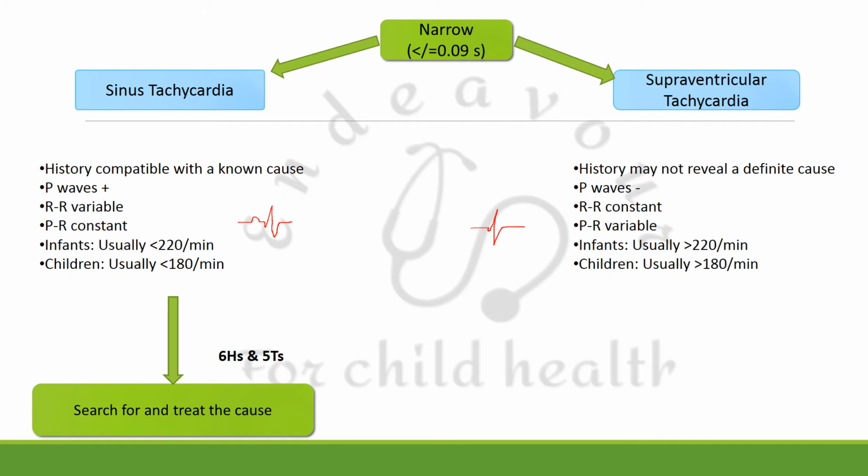And these causes can be remembered by the mnemonic 6H and 5Ts. Now what are these 6 H's and 5 T's? These 6 H's are, first is hyper. Hyper is either hyperkalemia or increased hydrogen ions.